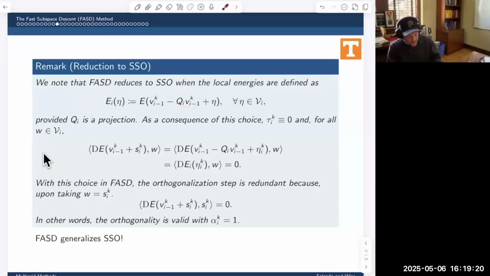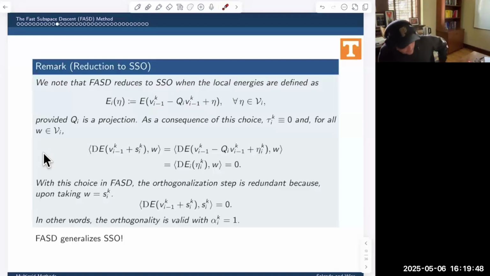That's the projection of the last best guess into the subspace, the difference of that. And I'm going to add on to that some value eta, where eta can be anything in VI. I'm going to define that as being my energy over VI, my local energy EI over VI. If I do this, then my FASD method gives me right back SSO.